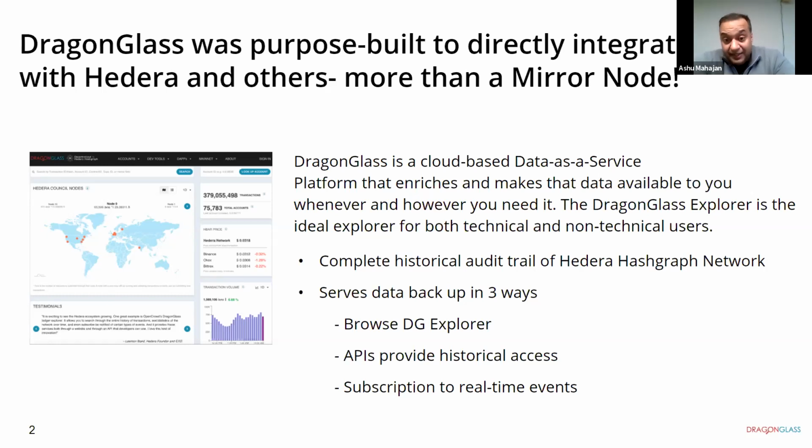Then we have APIs. You can use DragonGlass APIs to get access to all Hedera transactions, contracts, accounts, or whatever I spoke about. And now we even support the tokens as part of our APIs.